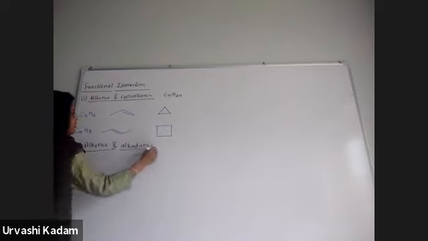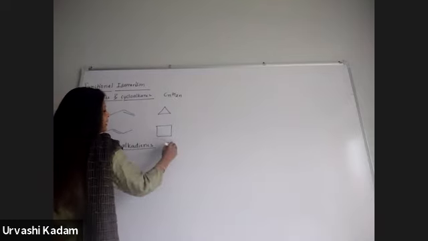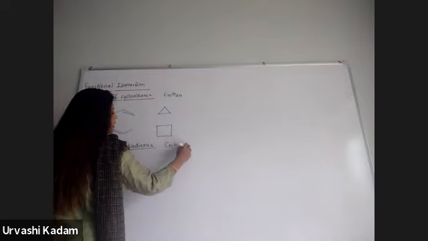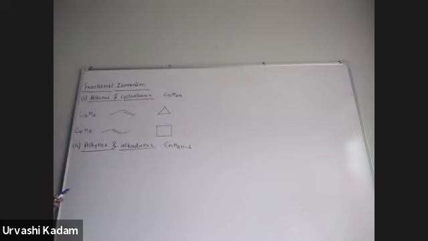So the general formula will be CnH2n minus 2. This is the general formula for alkynes. This is the general formula for alkadienes. Let us take one and check. So I take a formula C4 and H will be 6.